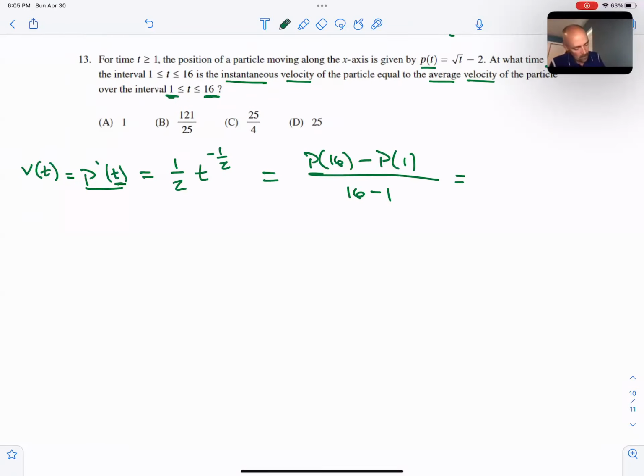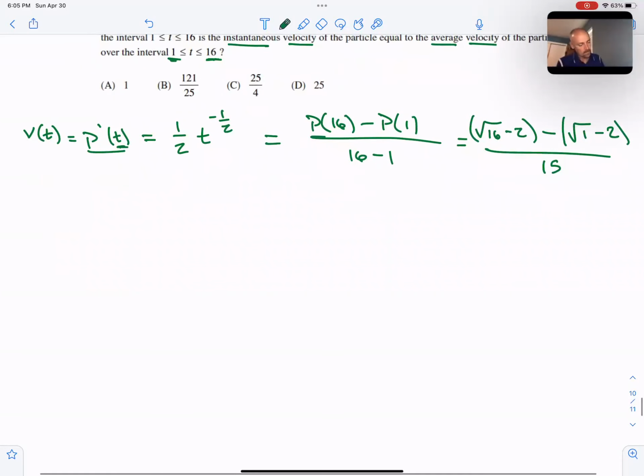Well, if we keep going with this, p at 16 is going to be the square root of 16 minus 2, minus p at 1, which is the square root of 1 minus 2, all over 15. So if I've got 1/2 t to the negative 1/2 on my left side, and I simplify this, that's going to be 4, that's going to be 1.